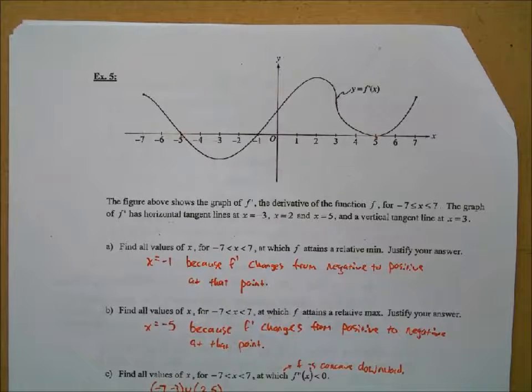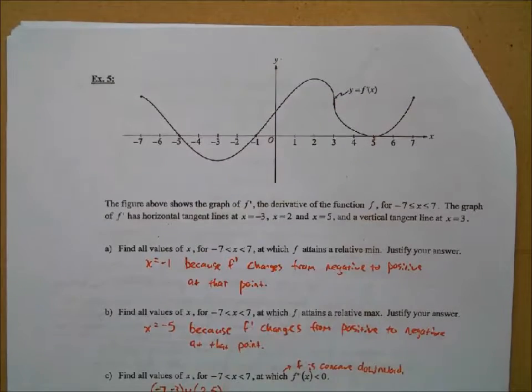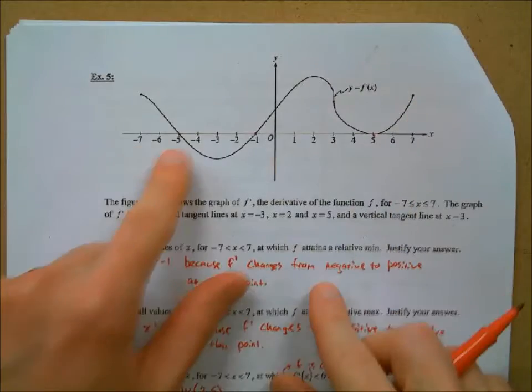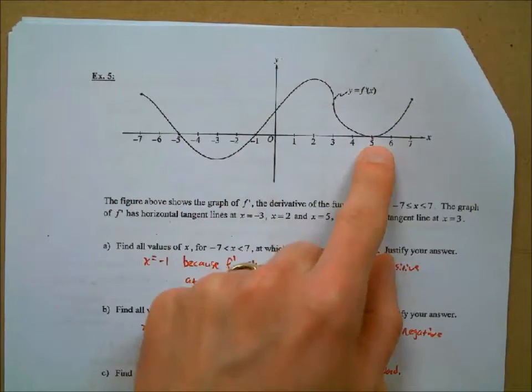So let me back up though. That is a critical point of the second derivative, right? Critical points of f are when f prime is 0 or does not exist. This is f prime. F prime is 0 at negative 5, negative 1, and 5, and it never does not exist.